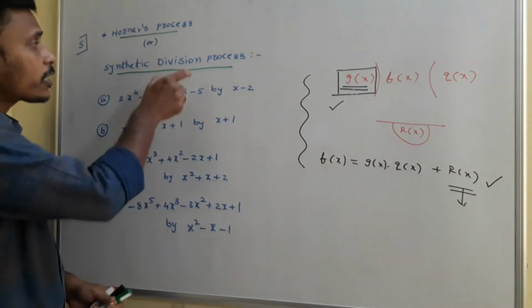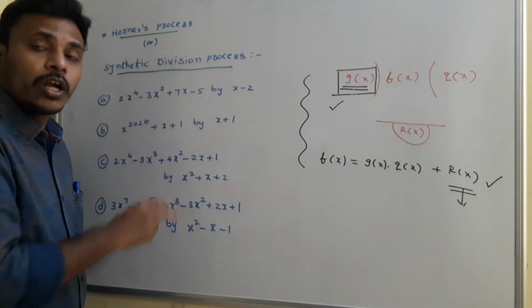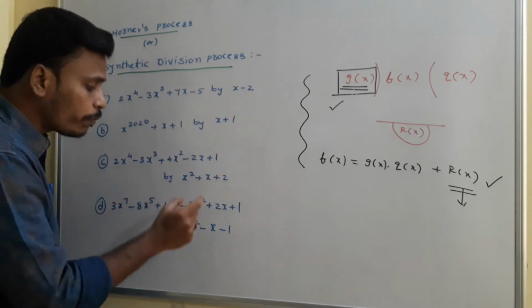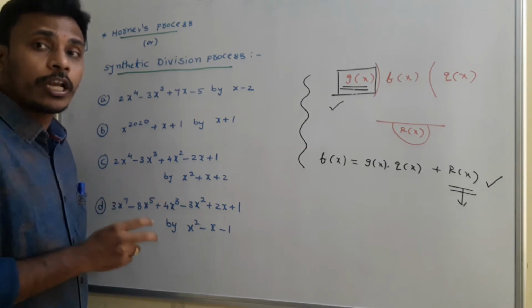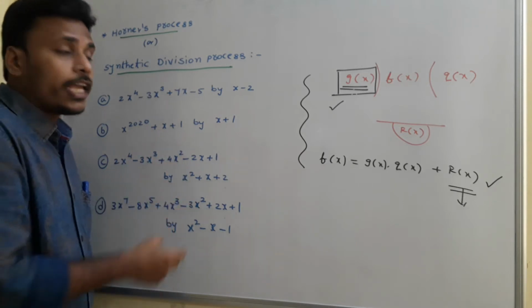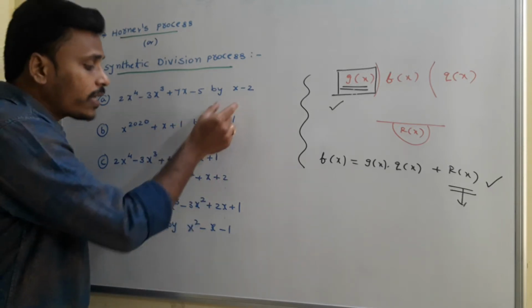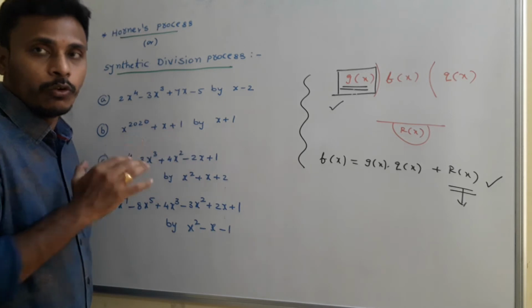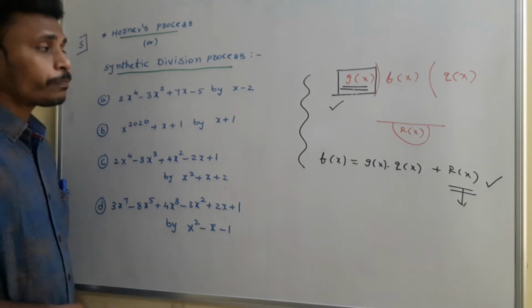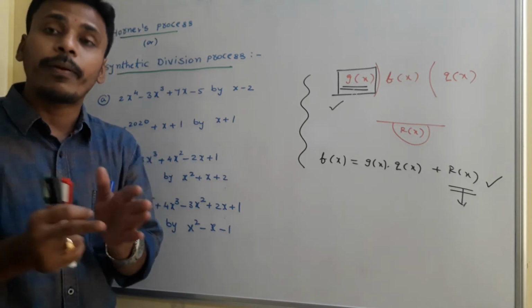But coming to Horner's process, the synthetic division process, to do this process the divisor should be linear or quadratic. What I am going to tell you is that the synthetic division process differs depending on the divisor.